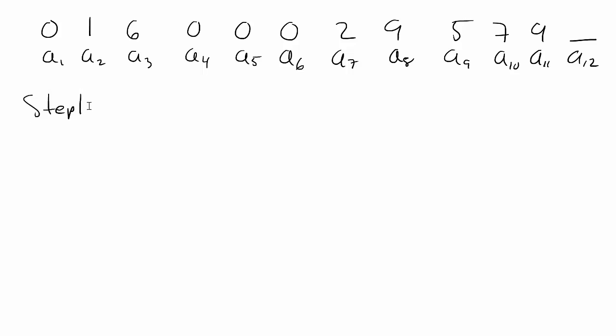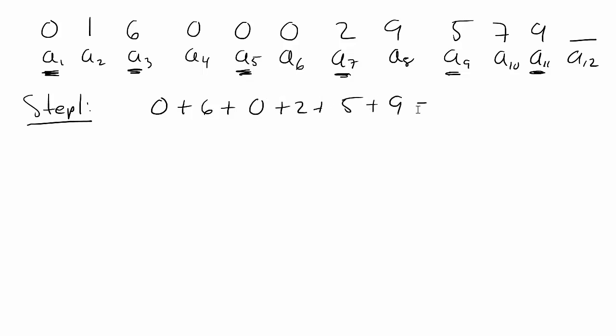So step 1 would be to add up all those odd positions: the 0, 6, 0, 2, 5, and 9. That's 22. Then you're going to take that result and multiply by 3, so we get 66. That's step 1.